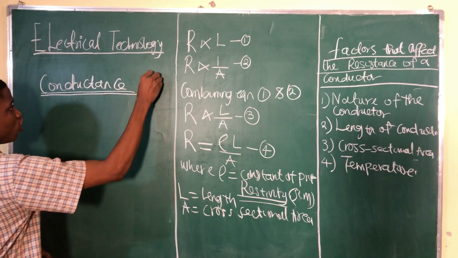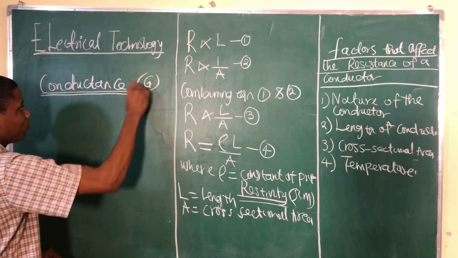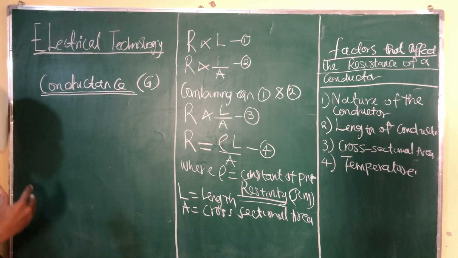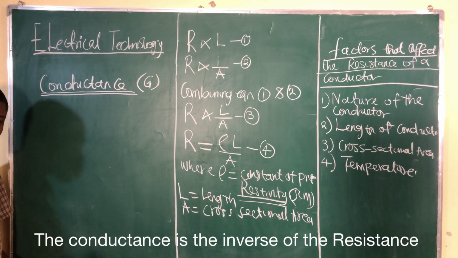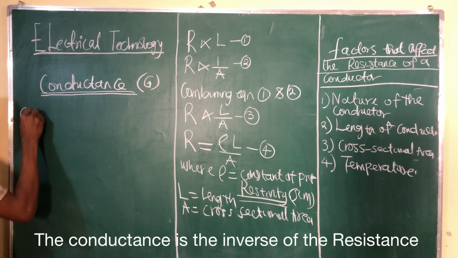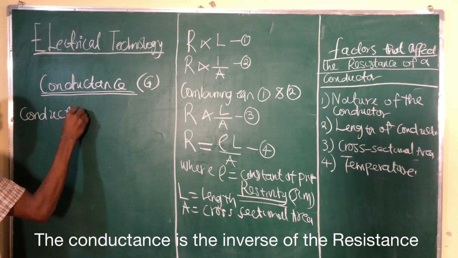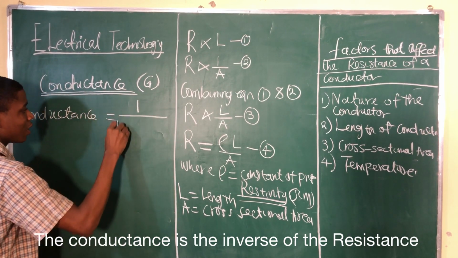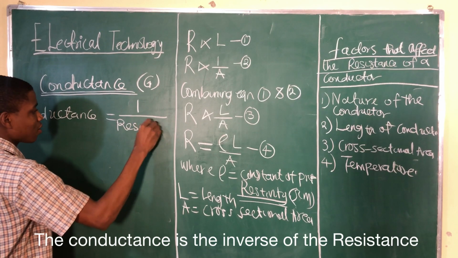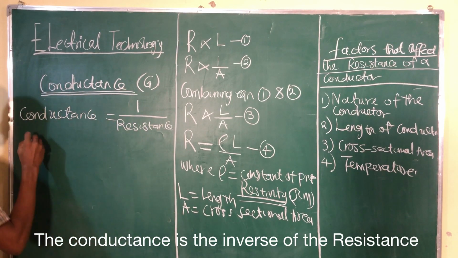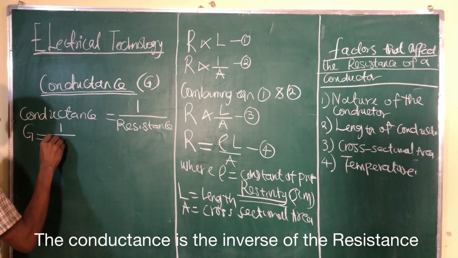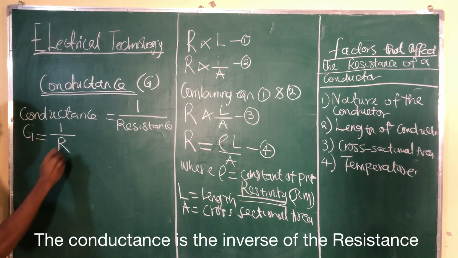Conductance is given by G, capital letter G. So now take note. The conductance is the inverse of what? The resistance. That means G is equal to 1 over R.